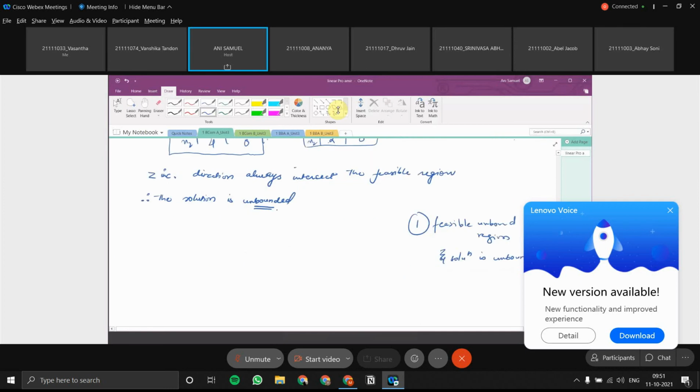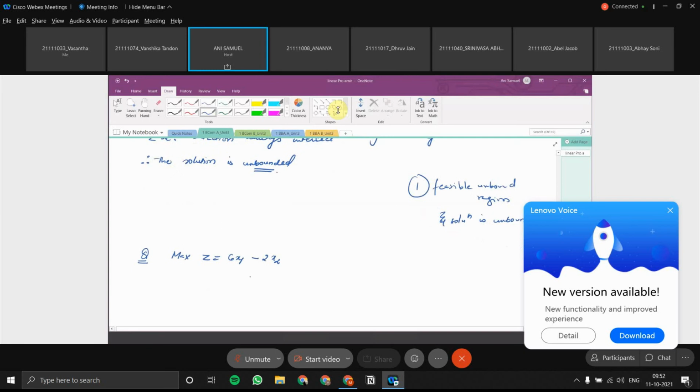So your next question to do is, you have to again maximize z, which is 6x1 minus 2x2, such that 2x1 minus x2 is less than or equal to 0, and x1 is less than or equal to 4, and x1, x2 greater than or equal to 0.